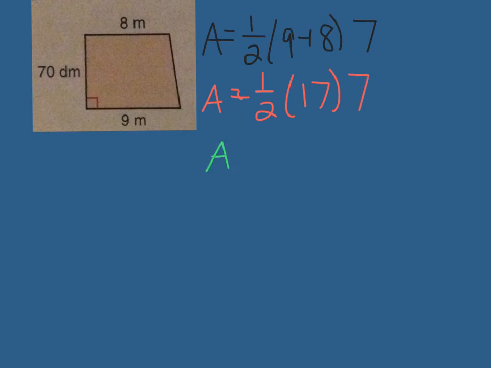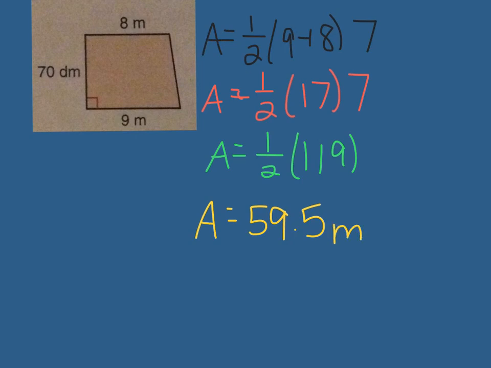So the area equals 1/2 times 119, sorry. So 1/2 of 119 would equal 59.5. My area equals 59.5, and my units are meters squared.